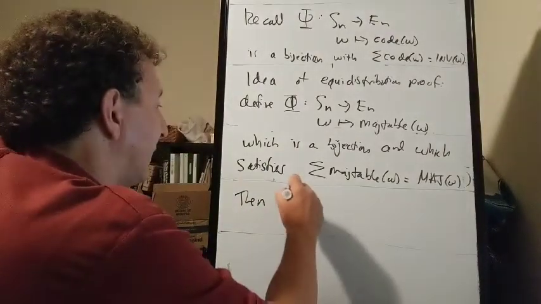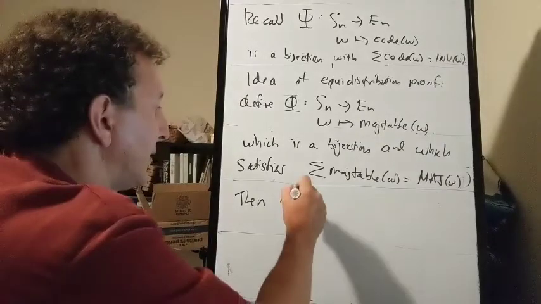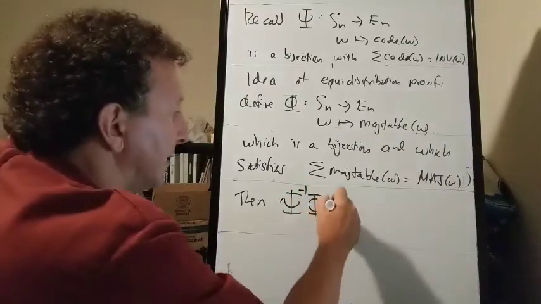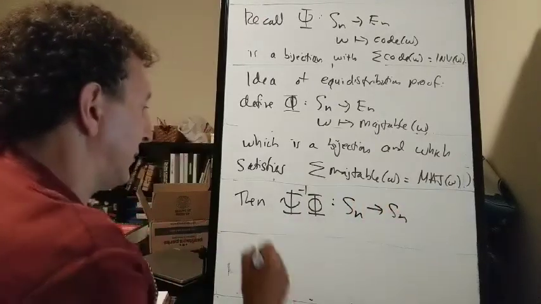Then the composition psi inverse phi is going to be a bijection from S_n to itself.